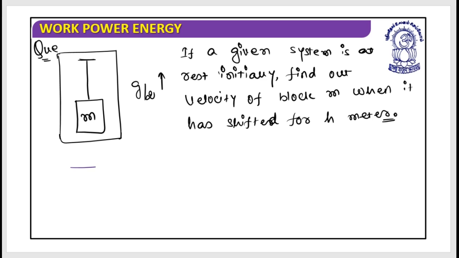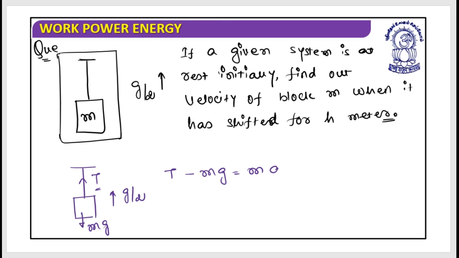So what I need to do is, first let's have a look. This is the tension T, one more force is mg, and it is moving upward, so it has g by 2 acceleration. First I am interested in getting the tension force. So T minus mg is equal to ma, and here they have given that a is equal to g by 2.